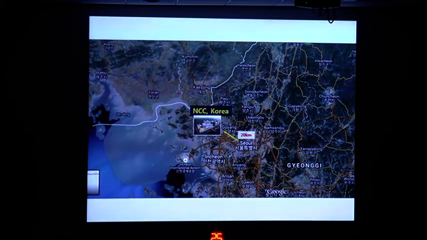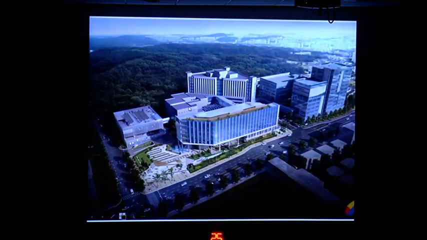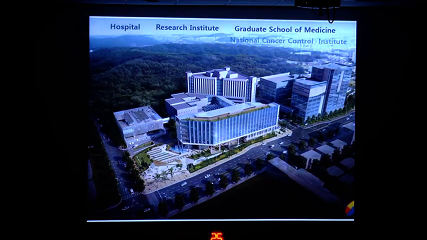You can see that there is a boundary between South and North Korea, so you can feel very close. This is my institute, located right beside a beautiful forest. It is composed of a hospital, research institute, graduate school of medicine, and also the National Cancer Control Institute.